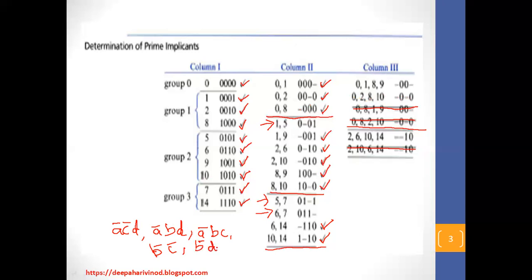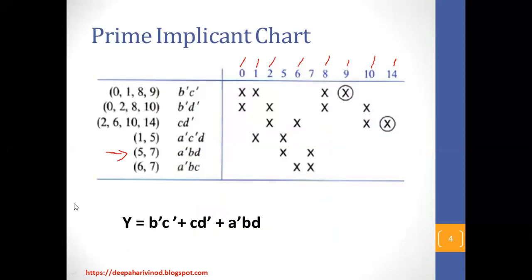That will be the implicants we get. Now we also need to write the chart, that is the prime implicant chart. So here you can see 0, 1, 8, 10 is B bar C bar, 0, 2, 8, 10 is B bar D bar.